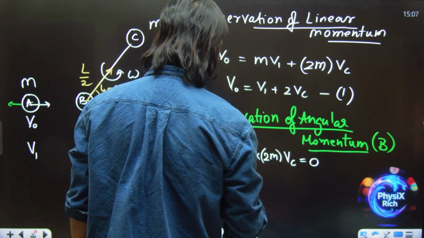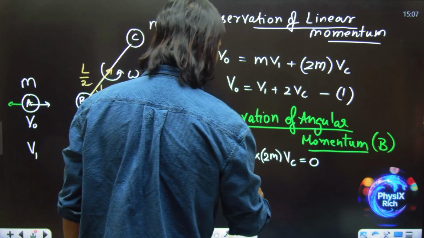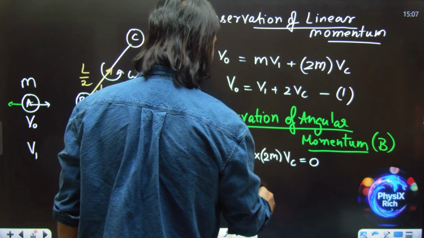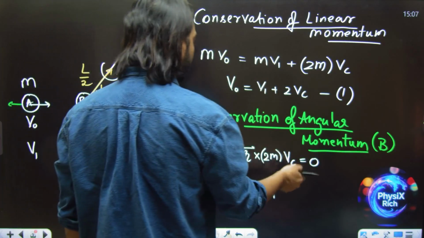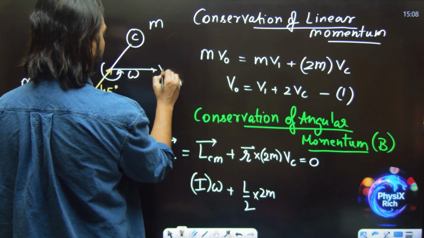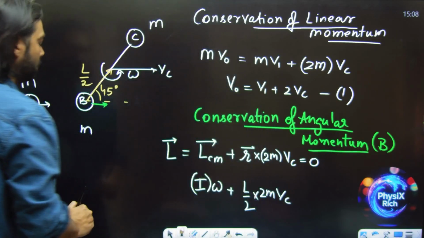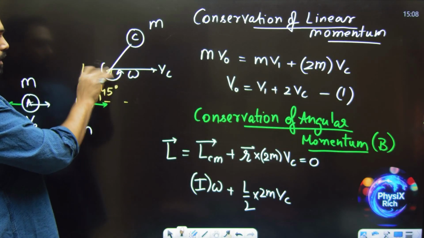Now plus, we will do plus R. R vector is this L by 2, times mass, which will be 2m, and then there will be VC. VC is in this direction. Okay, but the angle, what is R cross VC?